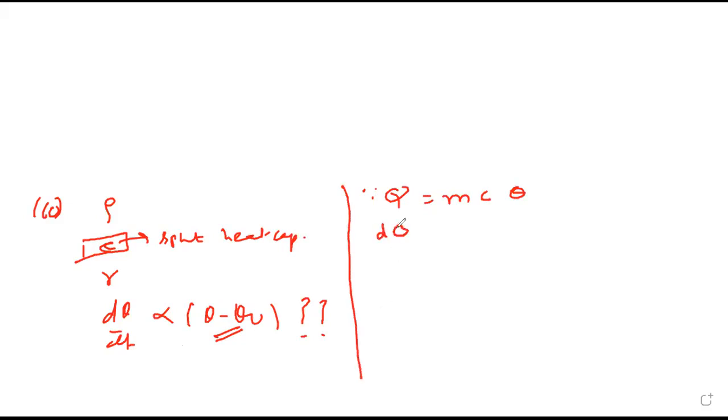So when there is loss of heat, mass will not be lost, C will not be lost, theta will change, so d theta by dt. Any doubt? No, sir. Now this is K times (theta minus theta 0). We have proved this in Newton's law of cooling, if you remember.